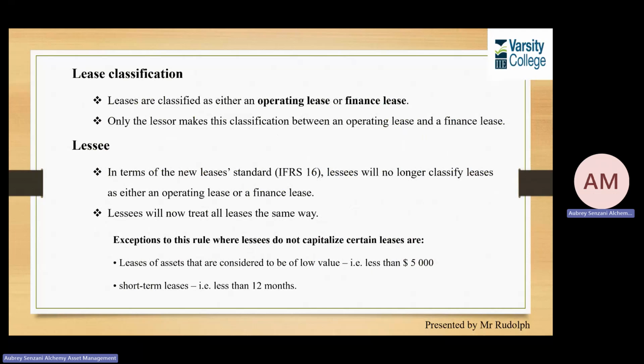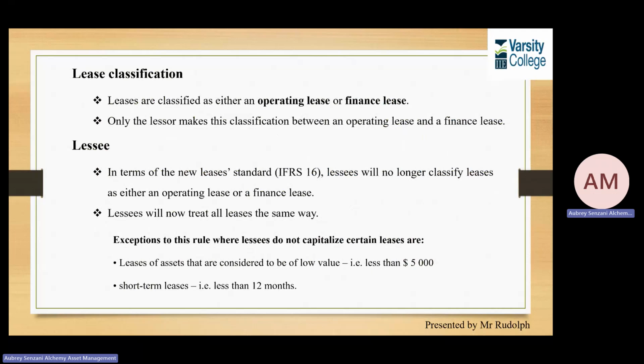So even here, we're not going to talk too much about that, but the whole point being that there's now no distinction between operating and financing leases. The leases will now treat all leases the same, unless you've got these two conditions, or you're under these conditions.